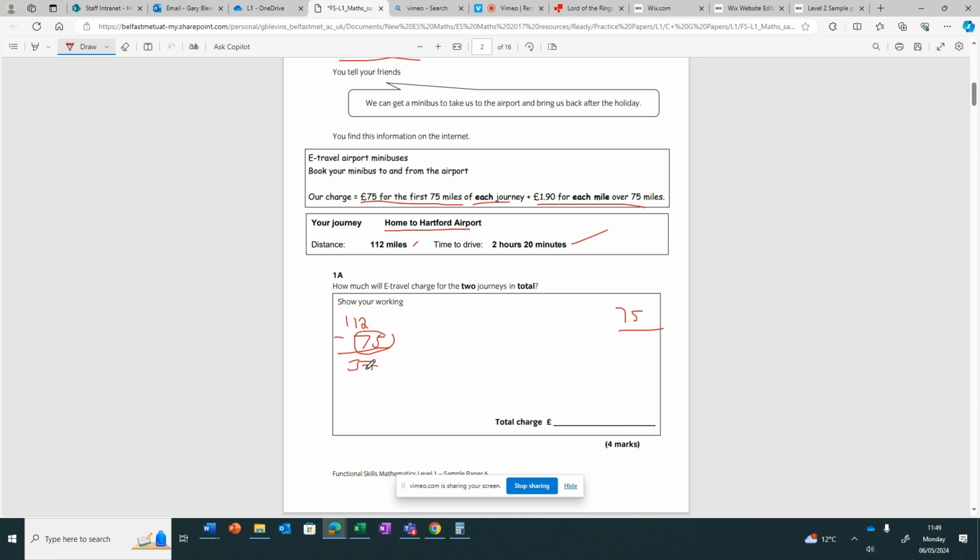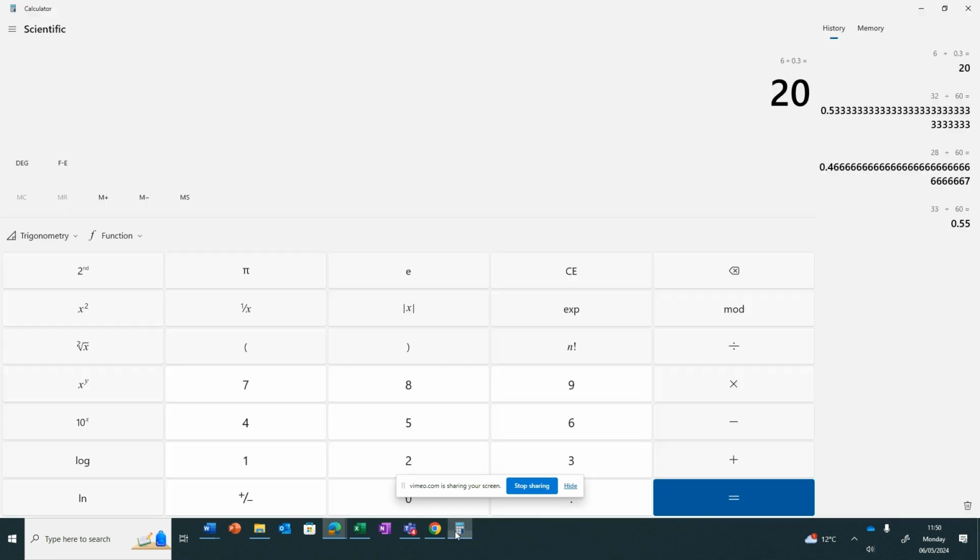So for the first 75 miles they'll charge you this amount, and for every extra mile you do over 75, they'll charge you £1.90. So we're going to take 37 times £1.90.